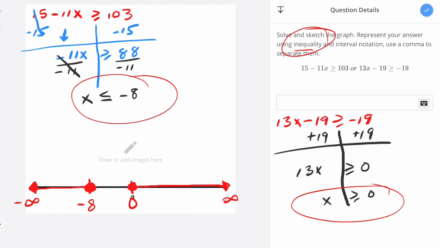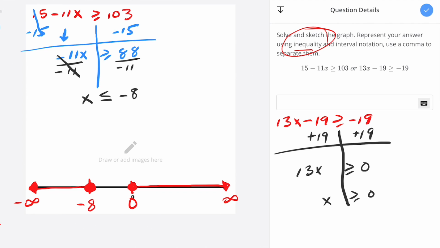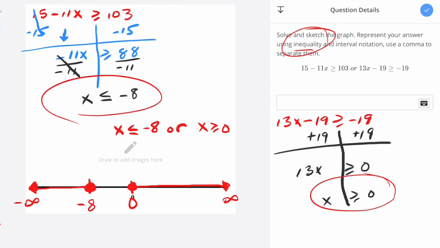So this is how you're going to write it. X is less than or equal to negative 8, or x is bigger or equal to 0. All right, so that's the inequality part. I just put those two together.